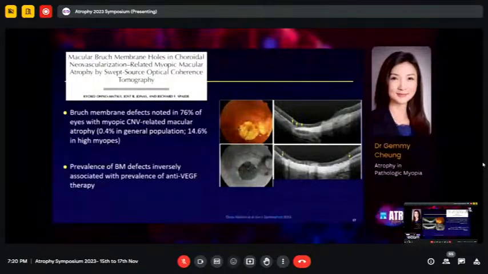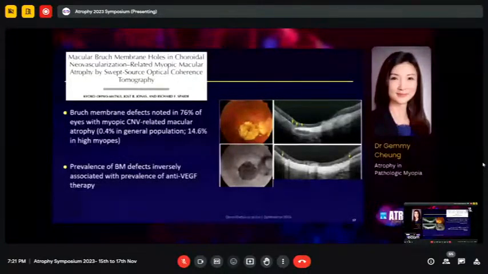So this very important finding from Kyoko Ohno-Matsui and co-authors described the identification of Bruch's membrane holes around the area of myopic CNV, and as the eye continues to expand and as the CNV regresses, the expansion of this Bruch's membrane hole may be an additional mechanism that contributes to the progressive enlargement of the atrophy around eyes with myopic CNV.